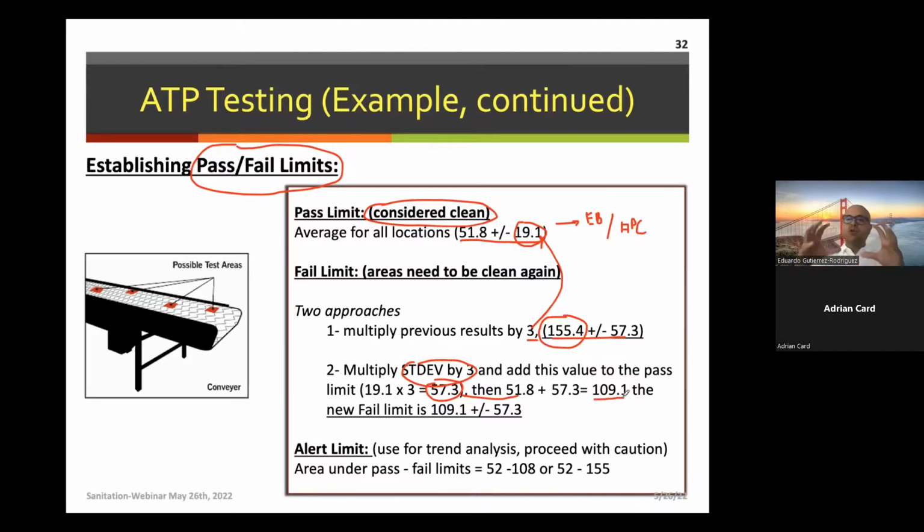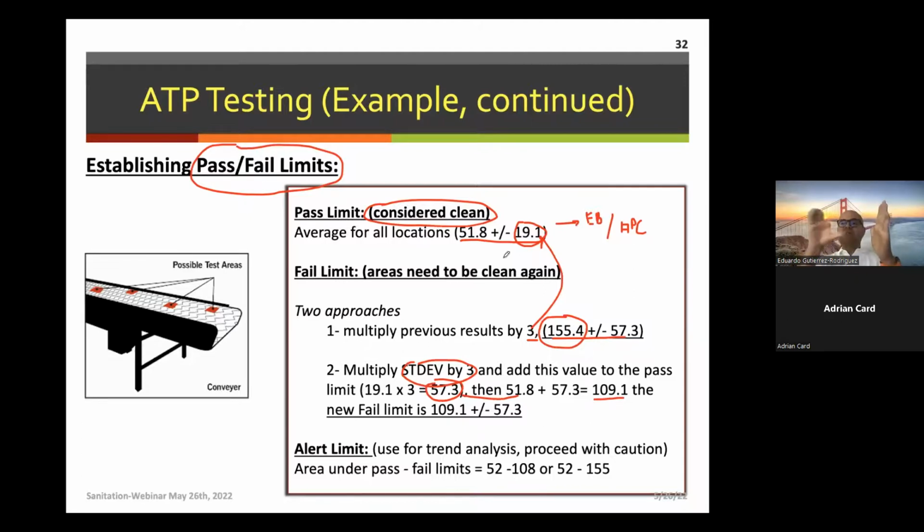That is a much more conservative approach. Why? Because the spread between 51 and 109 is much smaller than between 51 and 155. Then your alert or operational system is anything in between 52 and 109 or 108.